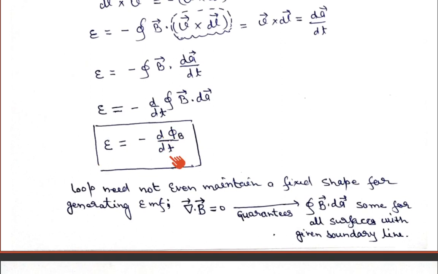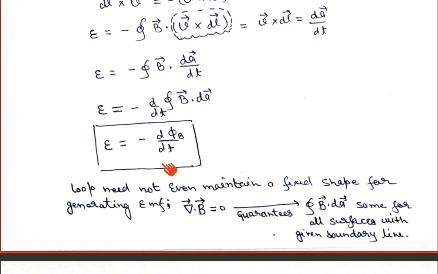Okay, that gives a very interesting conclusion: whenever a circuit is moving in the magnetic field, whatever loop we have need not even maintain a fixed shape to generate the EMF.